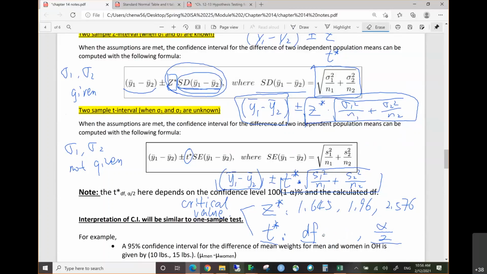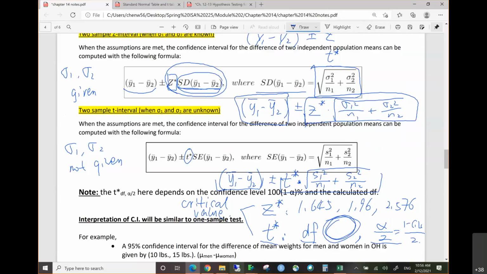Remember, we have a big formula to calculate the degree of freedom, which you can enter in Excel. We have two sample sizes now, and then combine our alpha. So what is alpha again? 1 minus our confidence level.